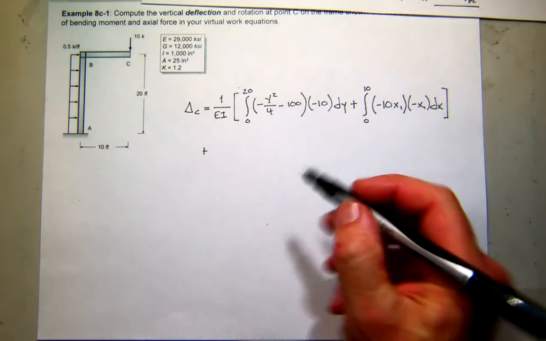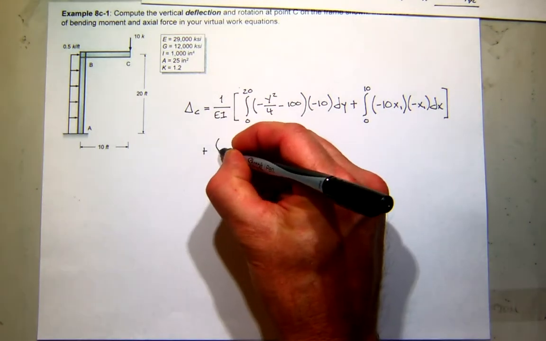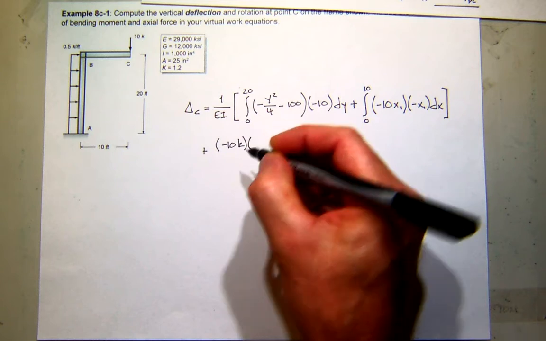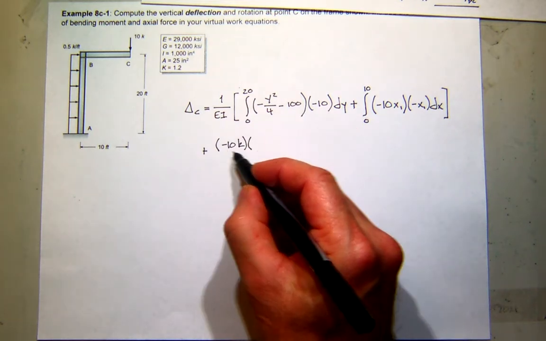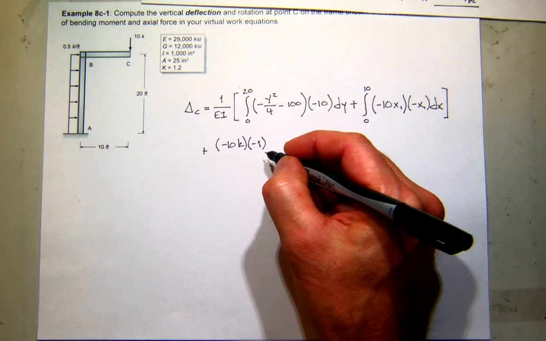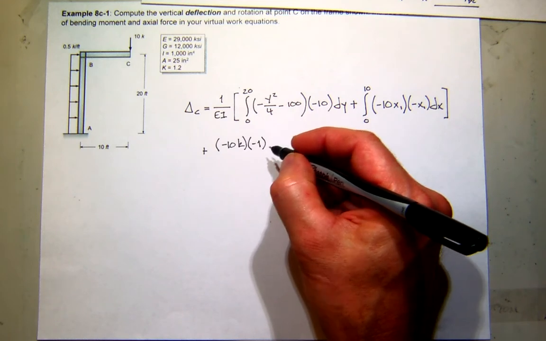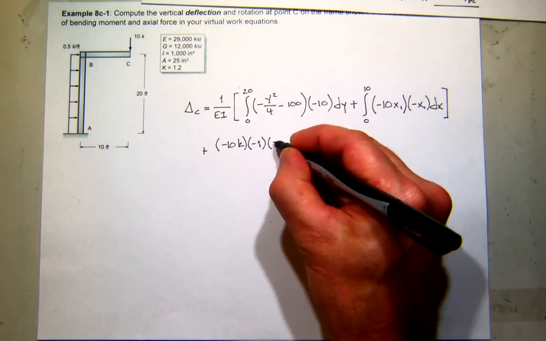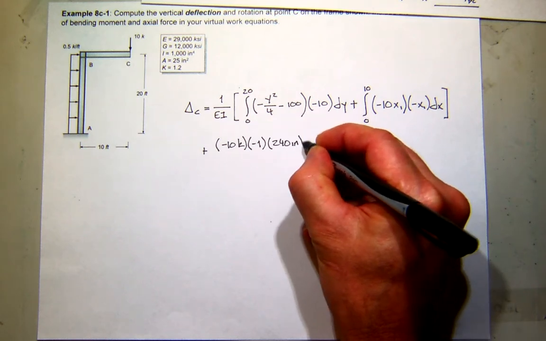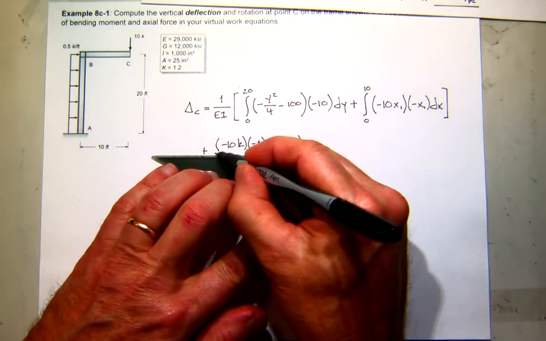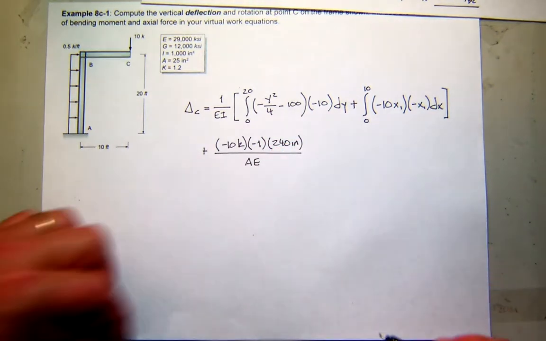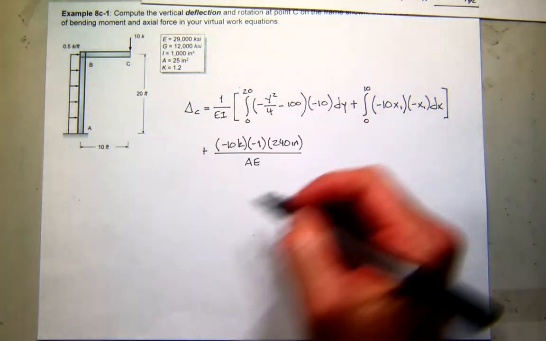So it'll be the real force, which is minus 10 kips, times the virtual force, which is minus 1, times the length. The length of AB is 20 feet, but I'll write that as 240 inches, and that would be divided by A and E. So that would be the total.